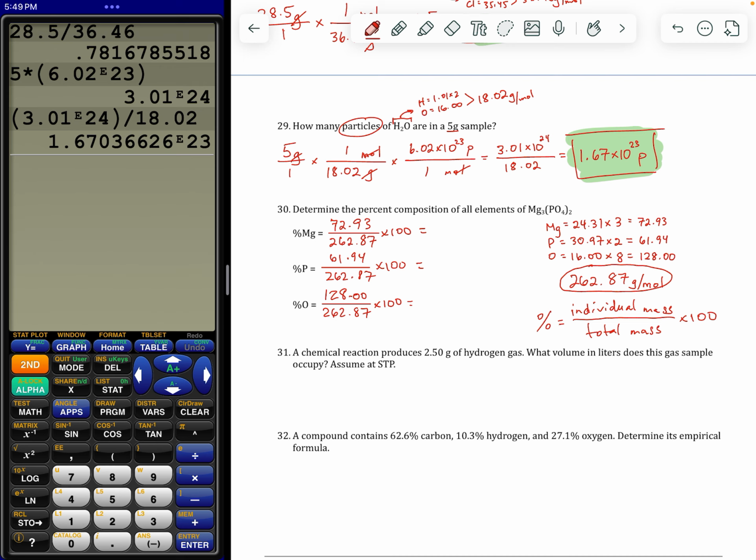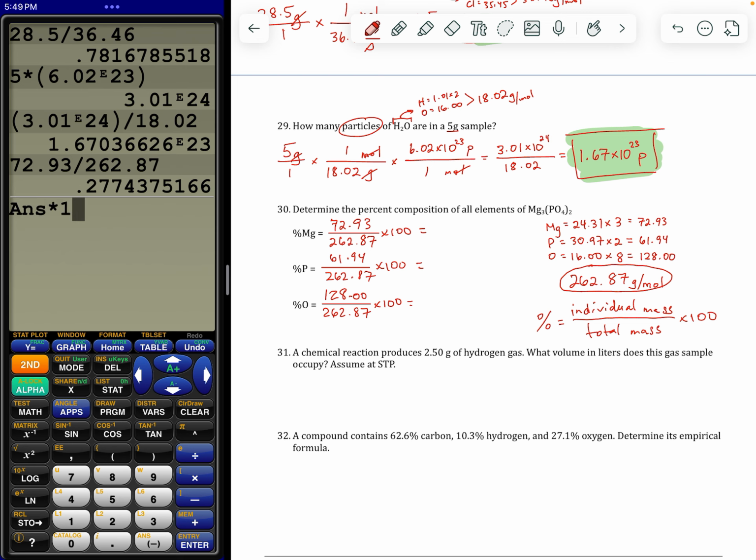And then I can go through and I say, all right, what's 72.93 divided by 262.87? Did that work out? Nope. There we go.